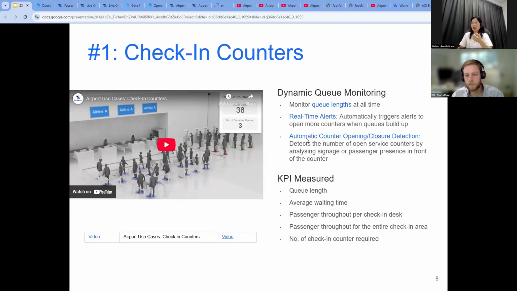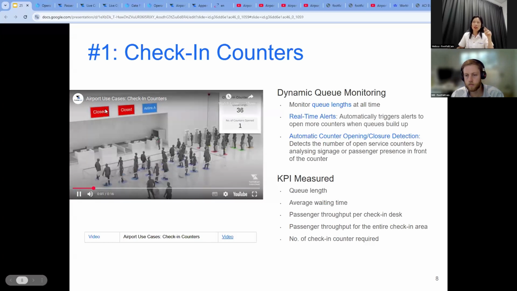And we have automatic counter opening and closure detection. So we don't have to rely on people manually inputting and telling us which counter is open. Through camera analytics and AI, we can detect which counters are open.